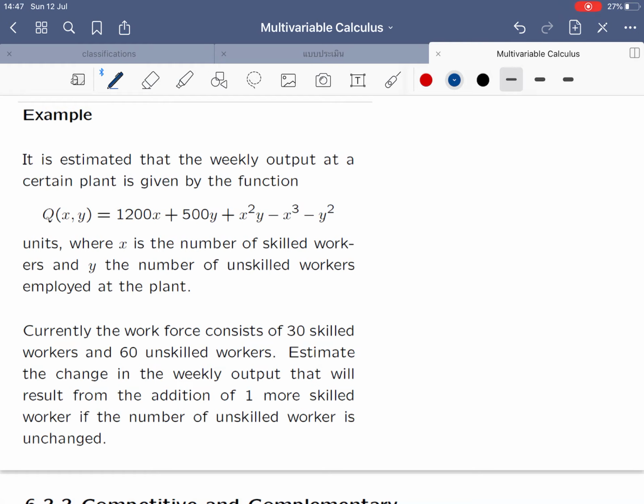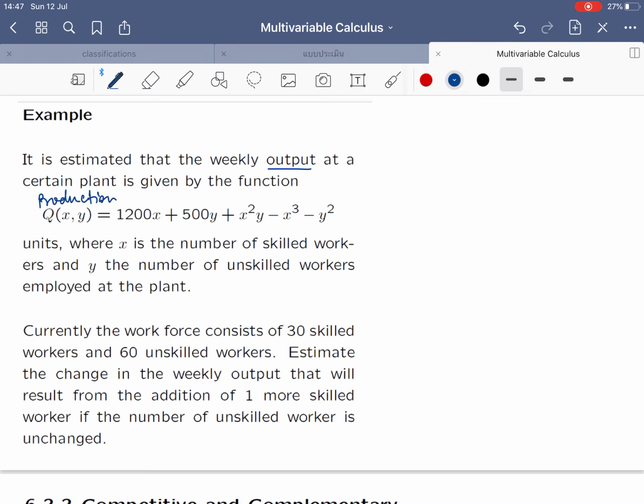Now for example, if you estimated that the weekly output of a certain plant is given by this one. Again, because we are talking about the output, this one is a production function again. A production function depends on x and y like that. Your x is the number of skilled workers, and your y, of course, is the number of unskilled workers.